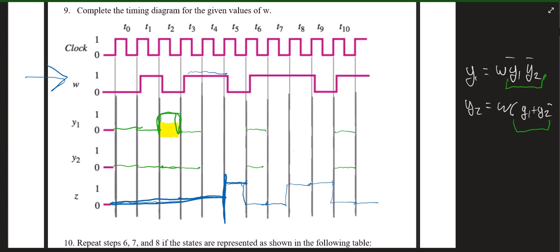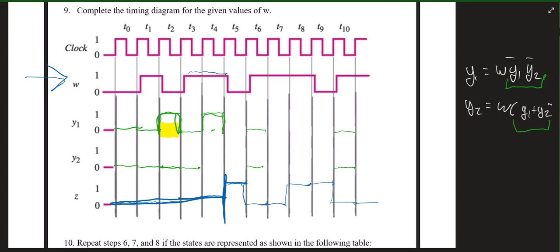Okay, so now let's look at this clock cycle right here. And in the previous clock cycle, were Y1 and Y2 both 0? Yeah, so that'll get us a 1. On the other hand, were either of them 1?